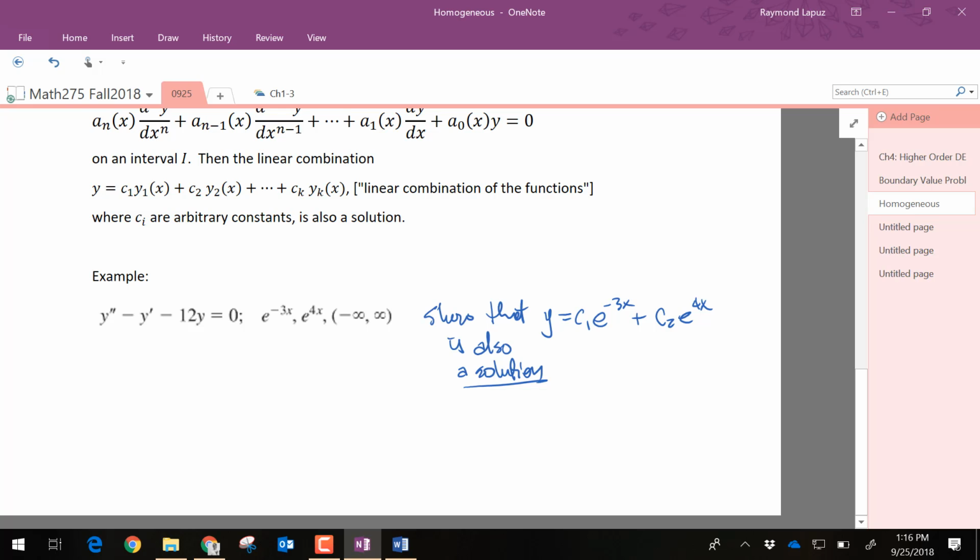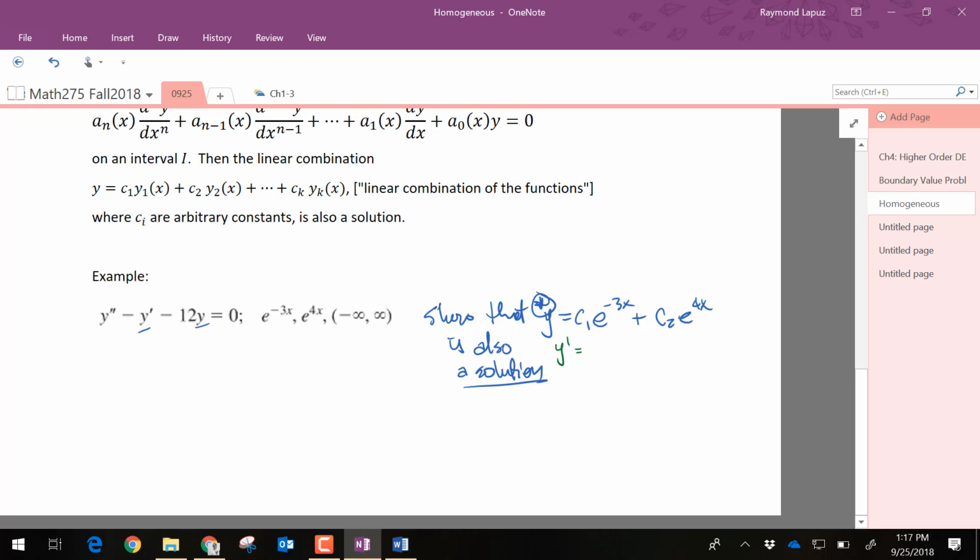So what do we need? It looks like we're going to need the first derivative and the second derivative of this particular function right here.